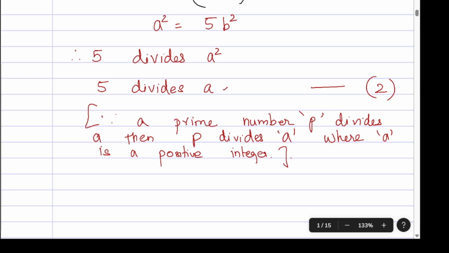Now I'm going to put a equal to 5c, where c is an integer.